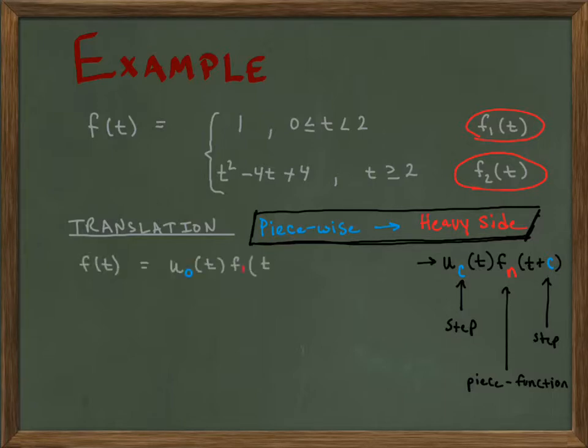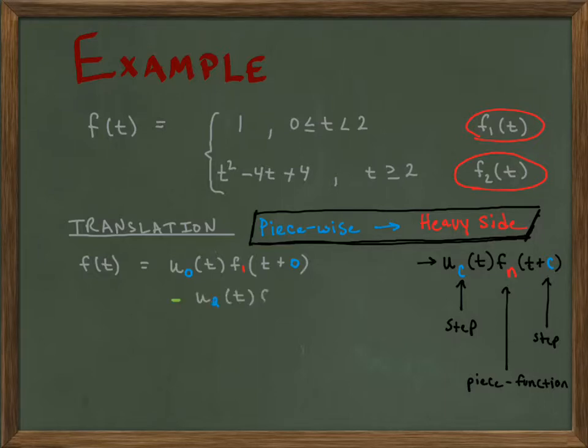So to translate, let's look at the first thing. Well, f of t, our whole function, equals the Heaviside function of f1 of t, right? To write that, we put u sub 0 of t, f sub 1 of t plus 0. The zeros are our step, so when time is 0, that's our step. And the f little 1 shows us that we're adding in to our main function f1.